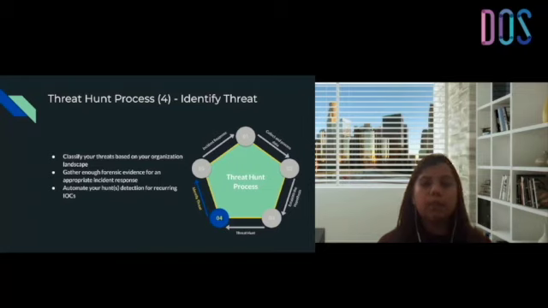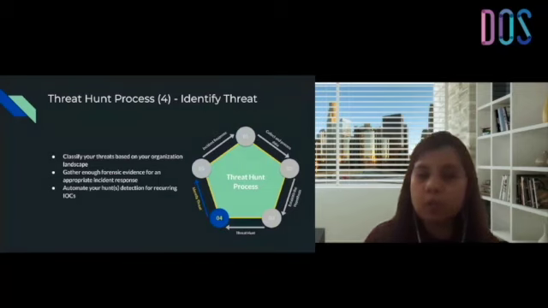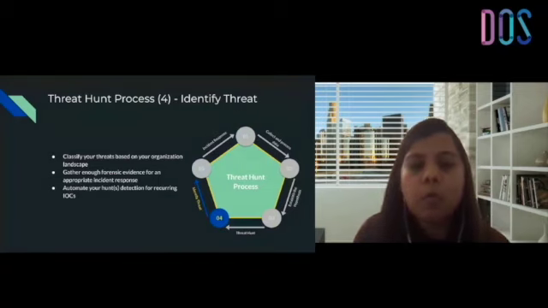But if you are a large corporate, you can probably collect all the evidence as part of your identification of the threat, from the EDR tool and other tools you're using, and then send it across to the incident response team, who are going to take this forward.